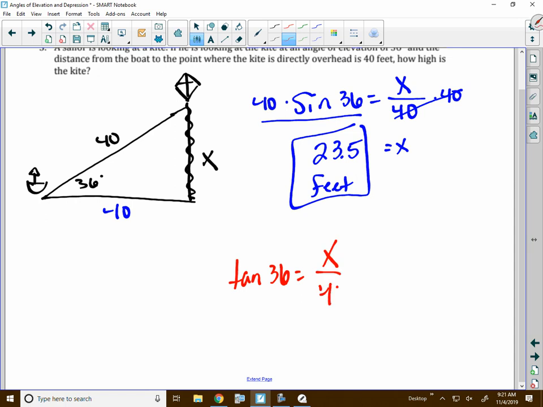It's going to be a different measurement. 40 times the tangent of 36. So in that case, it would have been 29.1 feet. So I will make sure that it is very obvious which side. But I like the way you think. Anybody else think that way? No, that's pretty good.